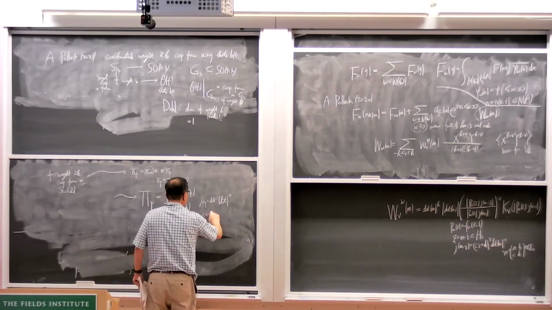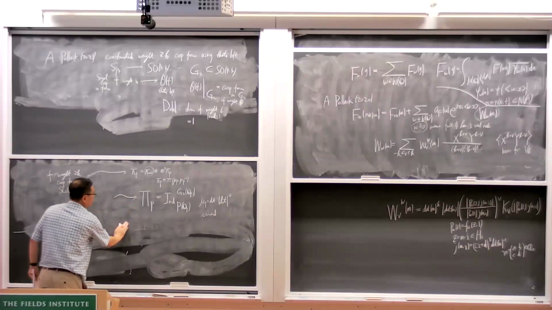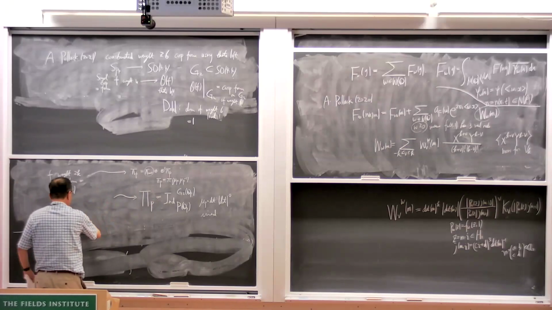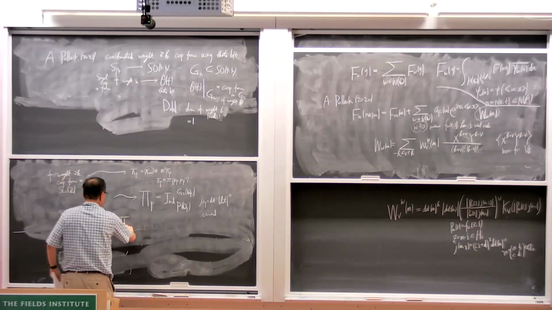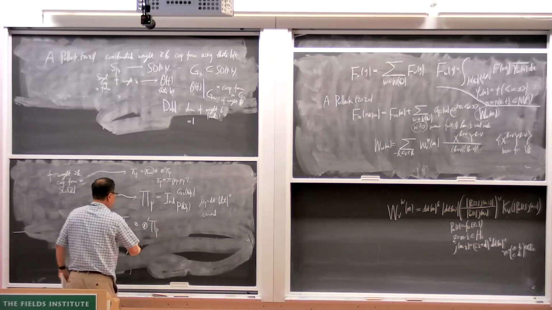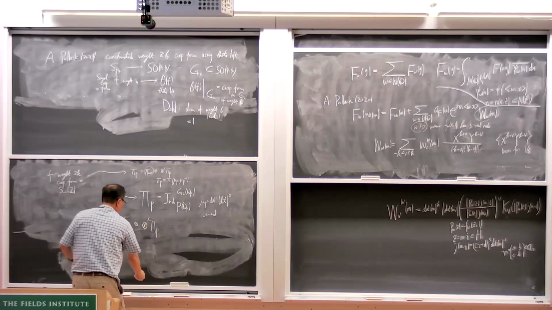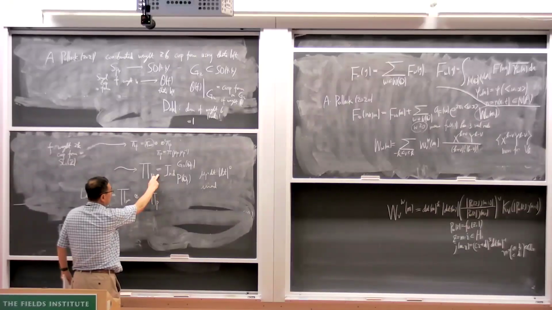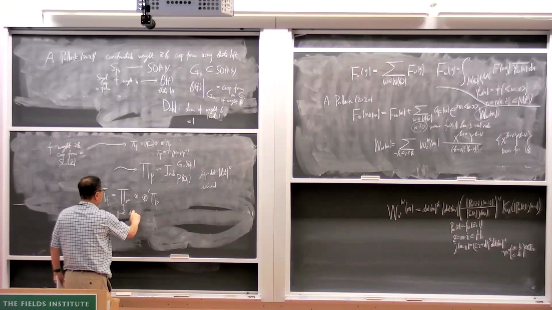This is defined for all p, and so then we let pi infinity be a quaternionic discrete series.